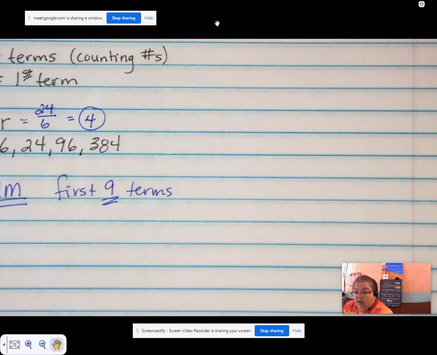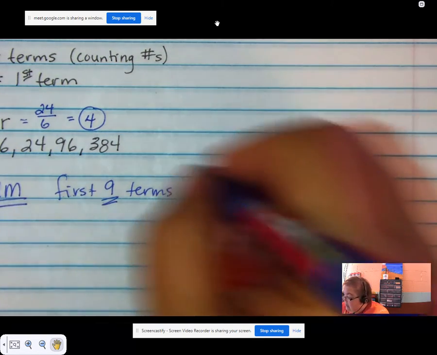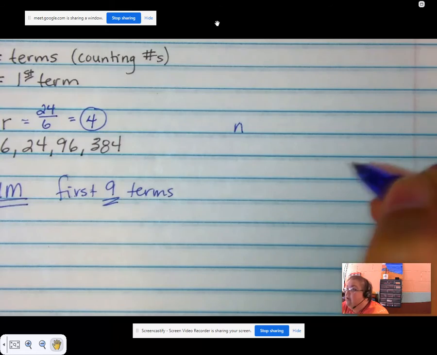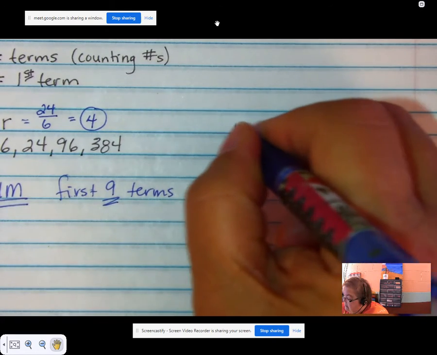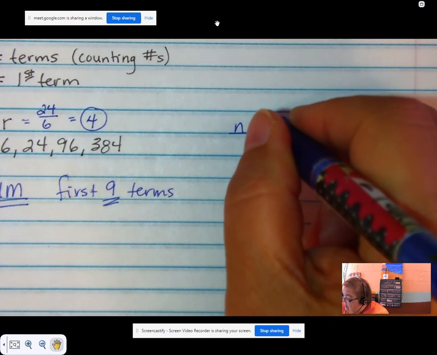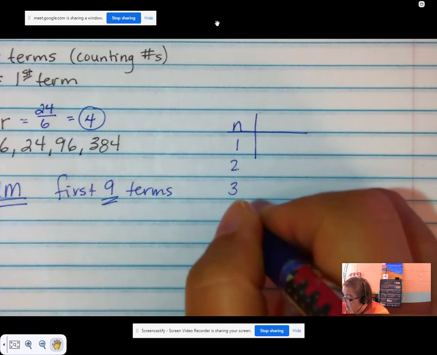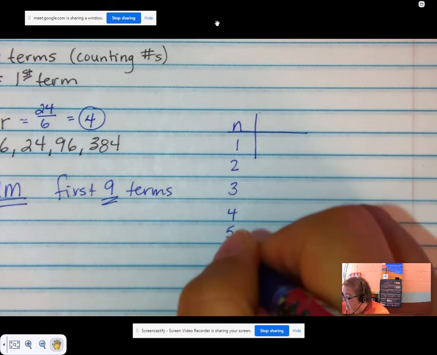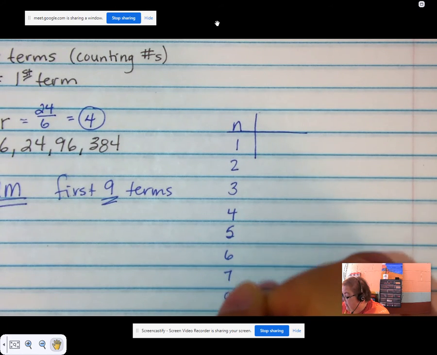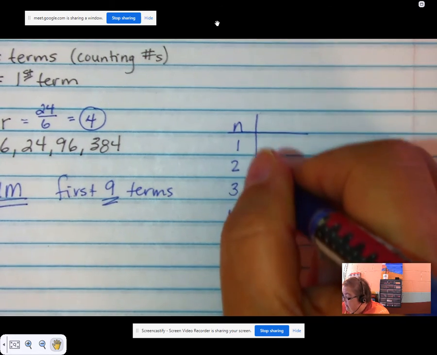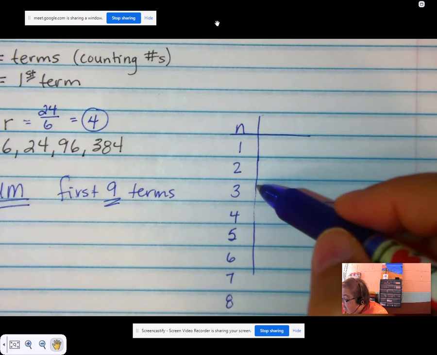So here I go. I'm going to make my table. Here are my terms, and I need 9 of them. 1, 2, 3, 4, 5, 6, 7, 8, 9. Okay? I'm going to make sure I get them all.